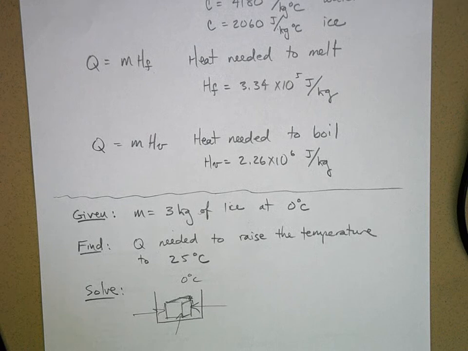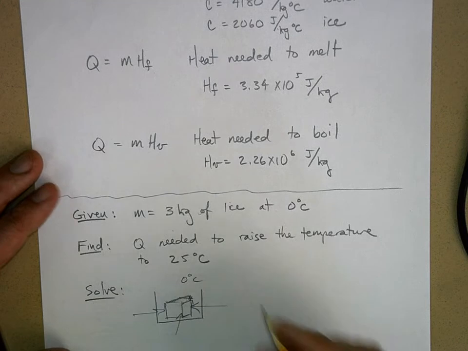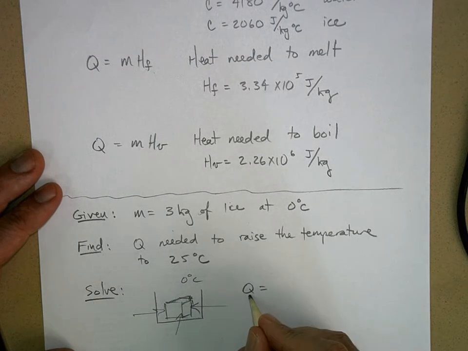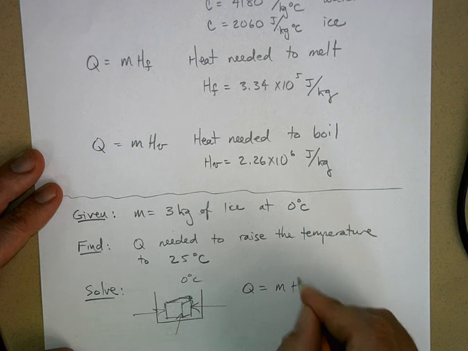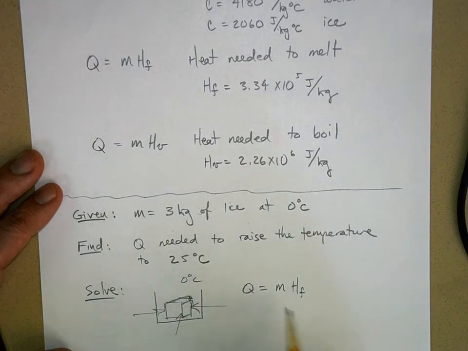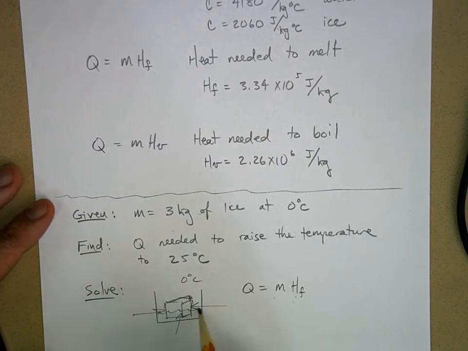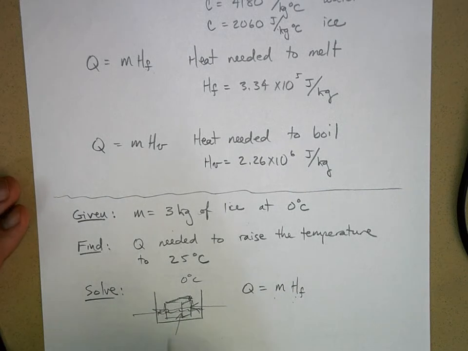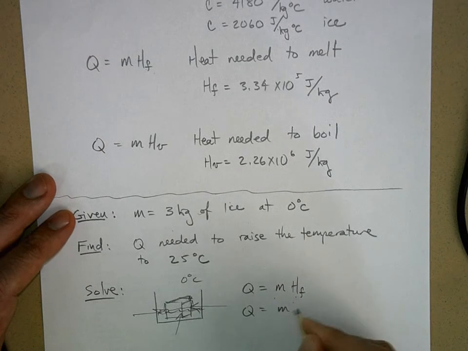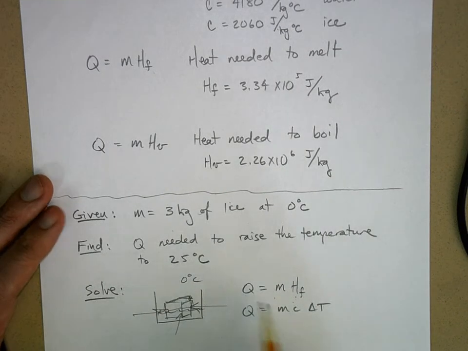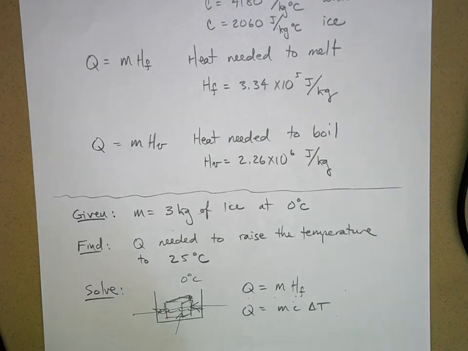No, because the ice has to melt. So you first have to add heat, and that's going to be m times H sub f, the mass of water times the heat of fusion. Then once all the ice is melted and we just have this liquid, it's going to absorb energy by raising the temperature. So you have to figure out how much heat was added by melting and how much heat was added by raising the temperature. And then you add those two together.